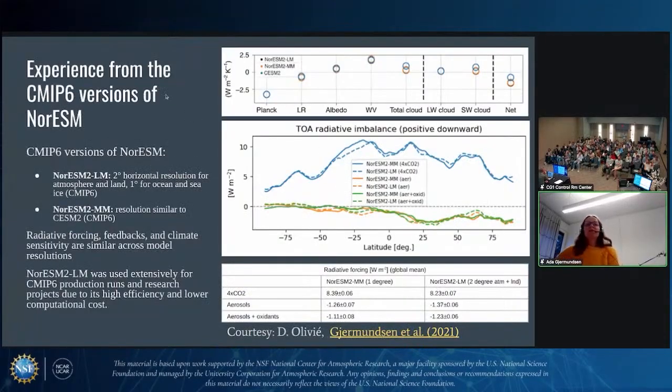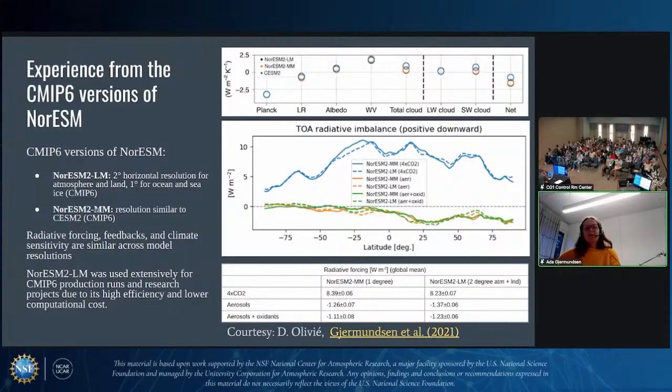Just some experience from the CMIP6 versions of NorESM. We had 2 versions, a coarse resolution version with 2 degree horizontal resolution for atmosphere and land, and 1 degree for ocean and sea ice. And then we had a medium resolution version, similar to CESM2, with 1 degree horizontal resolution for most components.